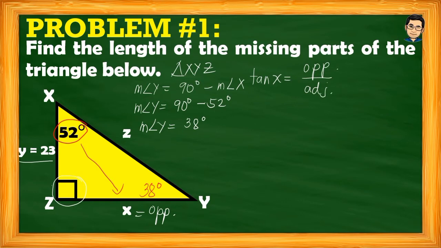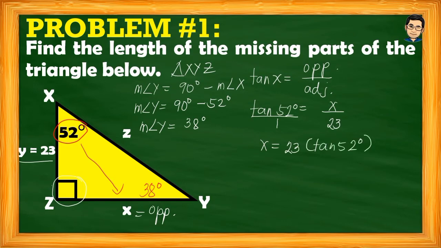The measure of our angle is 52 degrees, right? So tangent 52 degrees is equal to the opposite side, denoted by X, over the adjacent side, which measures 23. Next, we cross multiply. So X is equal to 23 times tangent 52 degrees.